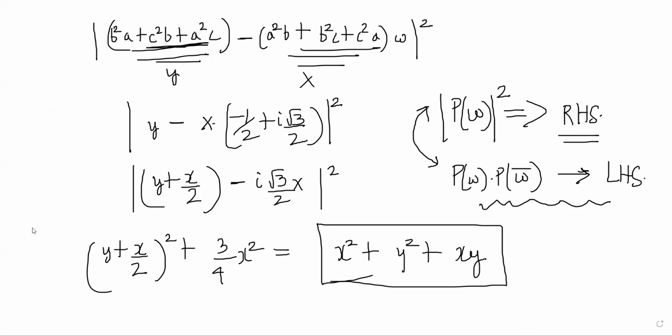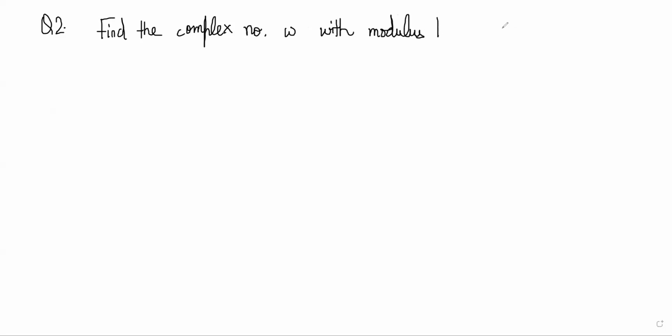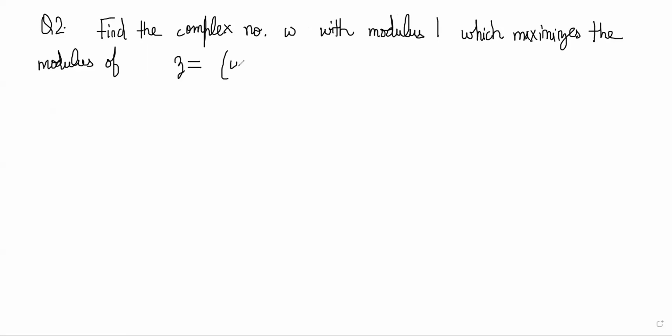So the next question, let's go ahead. So question number 2. Find the complex number w with modulus 1, which maximizes the modulus of z is equal to (w plus 2) whole cube times (w minus 3) whole square.